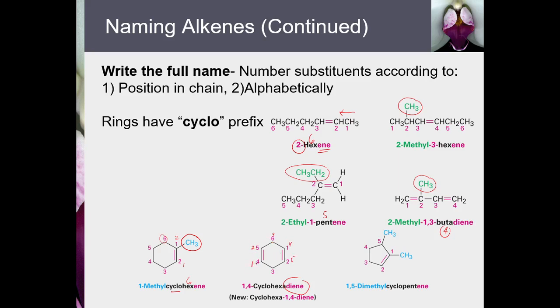Your double bonds are between 1 and 4, so let's write 1,4. But if we follow the numbering here, yeah, so it was correct after all. So it's 1,4. So the correct name for this organic compound will be 1,4. That means the double bonds are located between carbon 1 and 2 and then 4 and 5. So the name here is 1,4-cyclohexadiene.